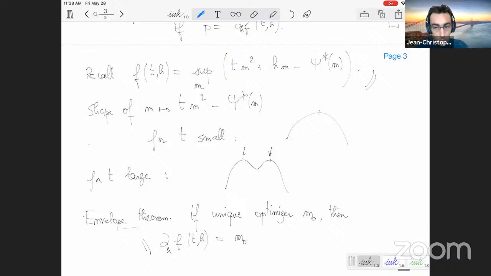I decided to put it there because I thought it was interesting to expand on it and try to derive perhaps the sharpest version of the envelope theorem. But you will find more straightforward versions somewhere on the internet. Another way to state it is: whenever the function is differentiable, you can pass the derivatives through the supremum.